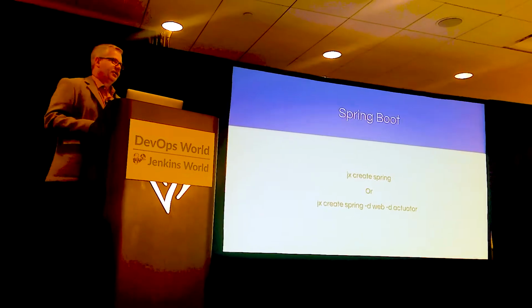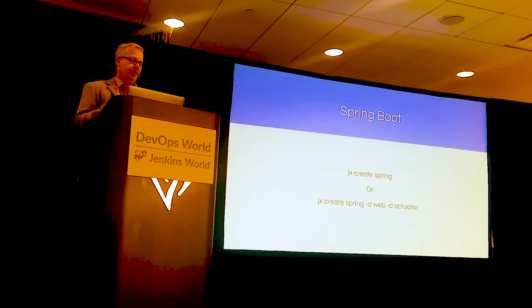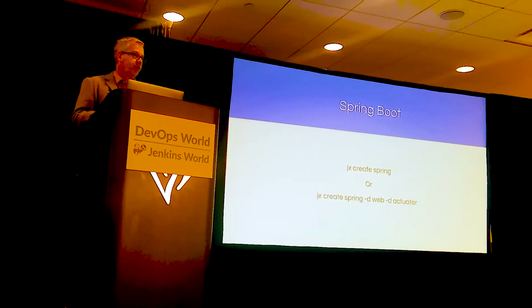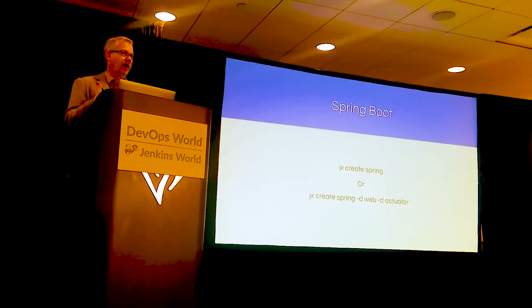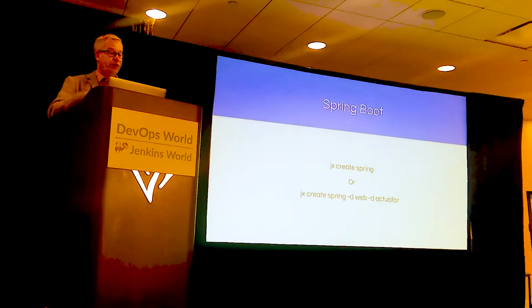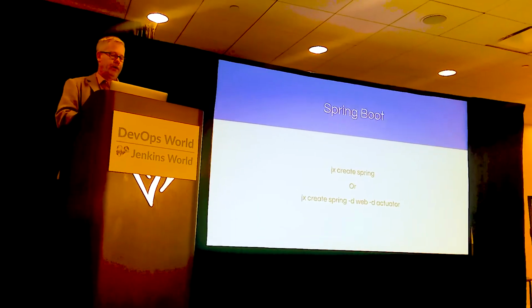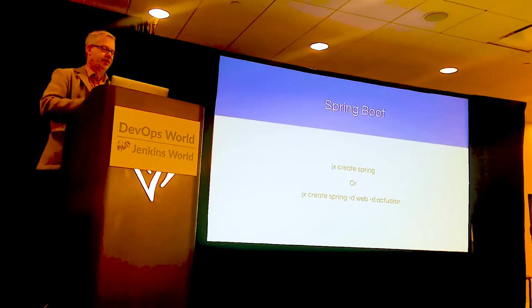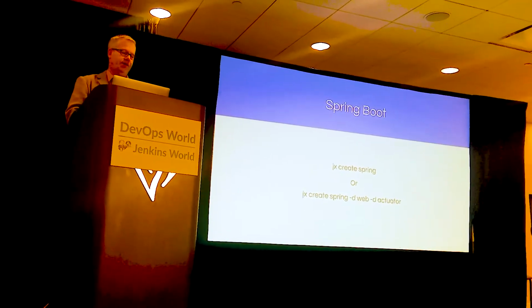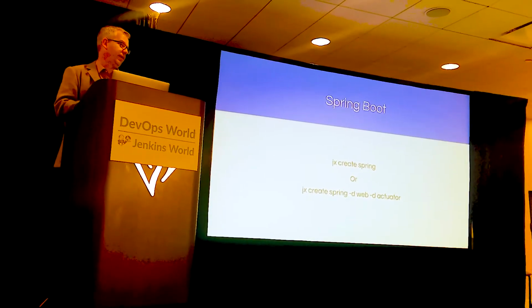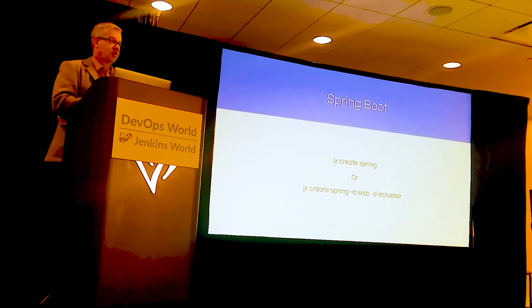The other cool thing about Jenkins X is, if you're familiar with Ruby on Rails or Grails, you can create new application project templates or skeletons, essentially. So for example, here we're saying we're going to create a Spring application. In this case, my example that we're going to show today is going to be a Spring Boot application.